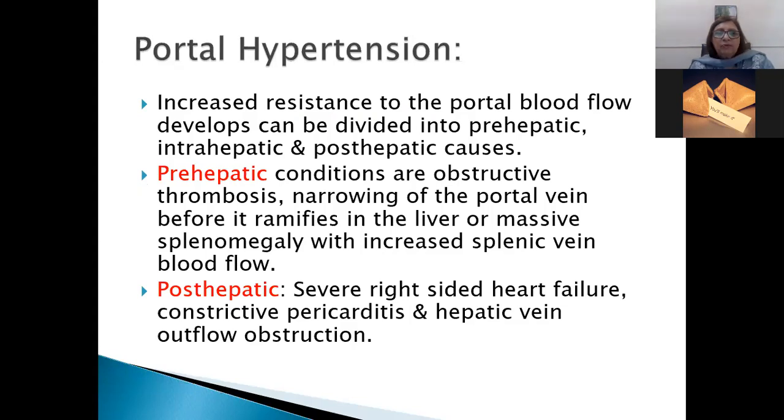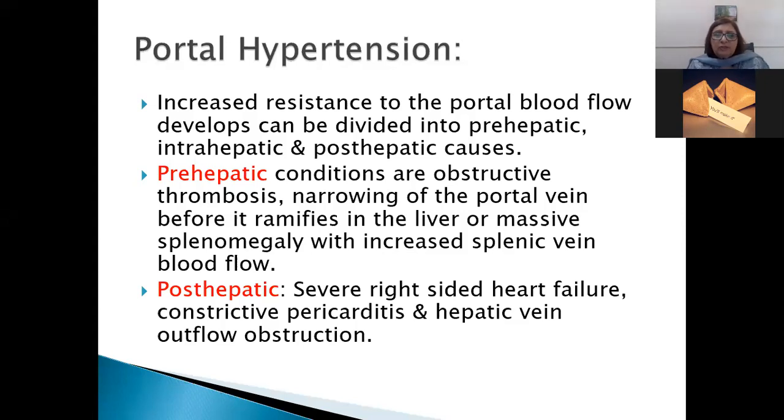Prehepatic causes of portal hypertension are because of obstruction, thrombosis, narrowing of the portal vein before it ramifies into the liver, or massive splenomegaly with increased splenic vein blood flow. Prehepatic causes are those which are present before the portal vein enters into the liver.